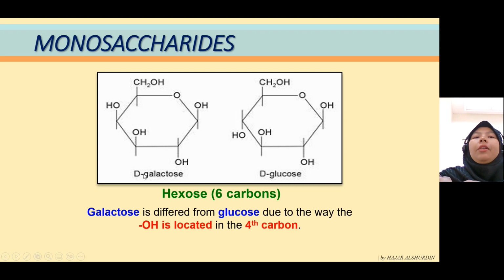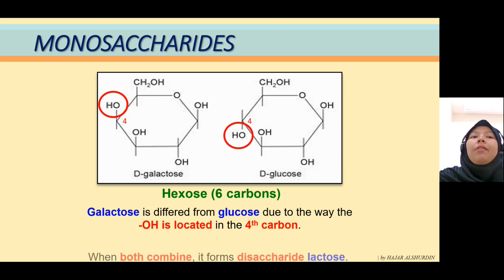So this is a name that is influenced by the location of the hydroxyl group. For galactose, this is carbon number 4, so the location of the hydroxyl group is here. Meanwhile, the location for D-glucose is here. The differences in the location of the hydroxyl group will give a different name to the monosaccharide.